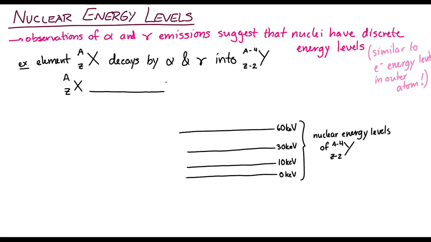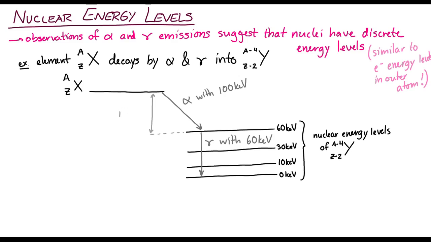And when the decay occurs, when the alpha and gamma occur, you can have different combinations of alpha and gamma. So for example, we could have a decay of an alpha and a gamma where we get the alpha emitting 100 keV and then the gamma emitting 60 keV to take us all the way down to the lowest energy state.